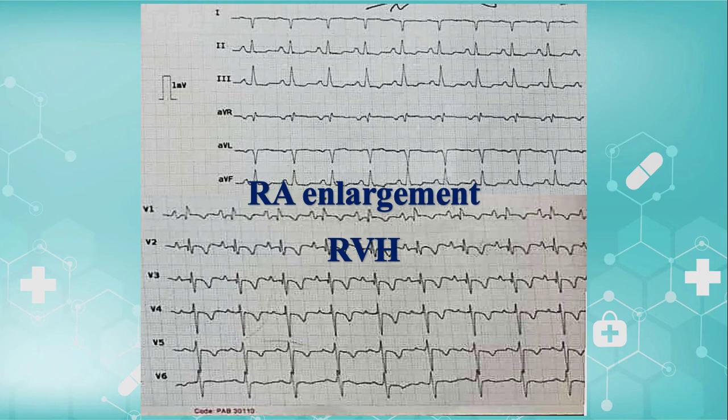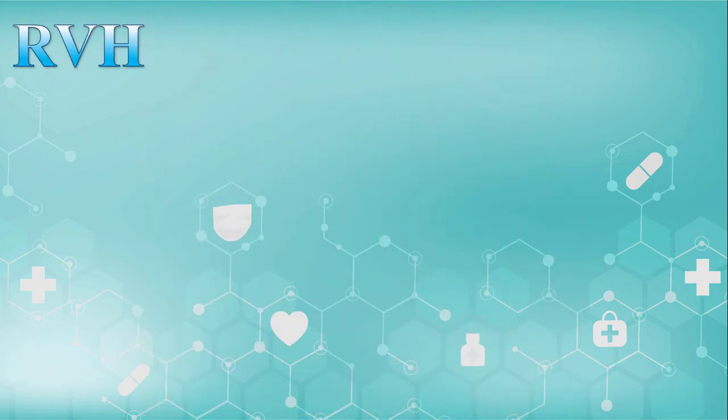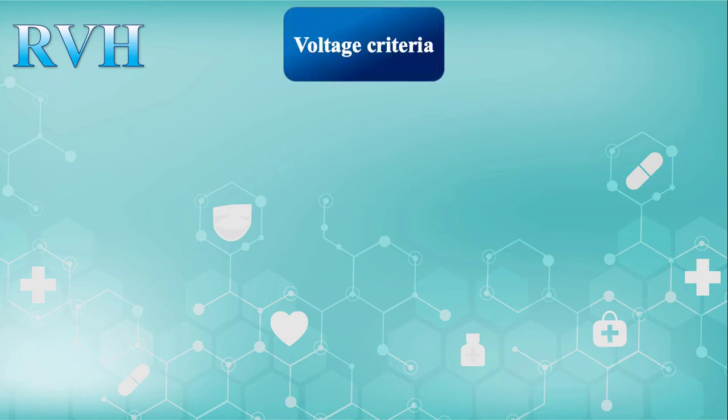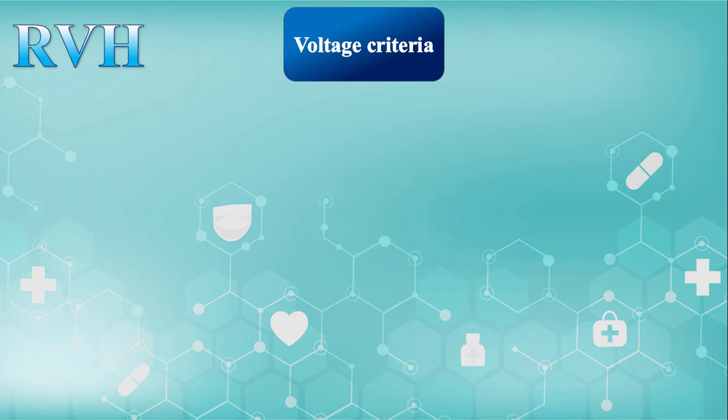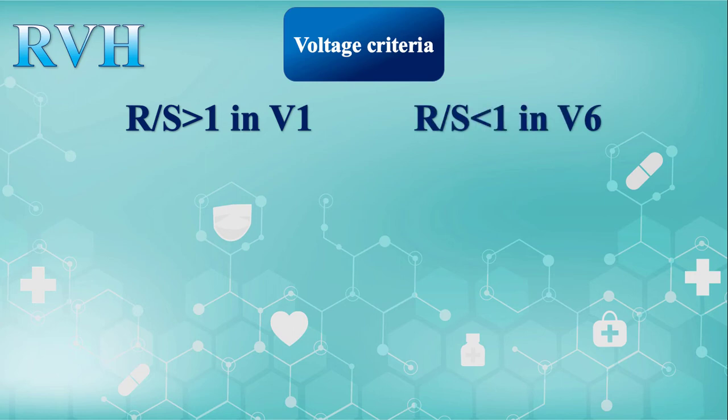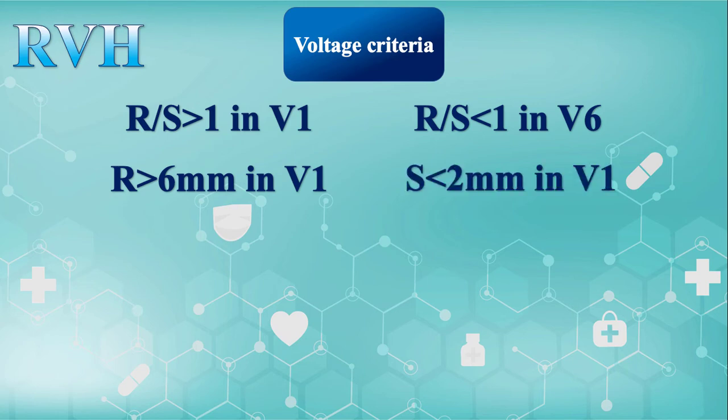Many criteria have been defined for RVH. In general, all criteria are classified into 2 main categories: voltage criteria and non-voltage criteria. RS ratio in V1 more than 1, or RS ratio in V6 less than 1. R wave more than 6 mm in V1, or S wave smaller than 2 mm in V1.